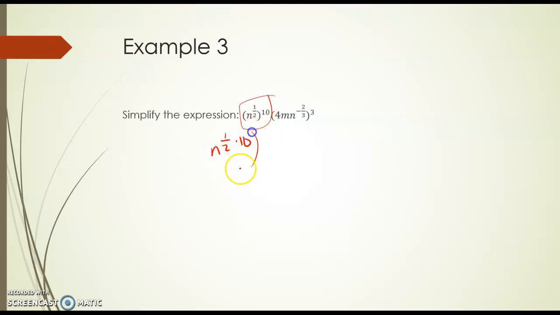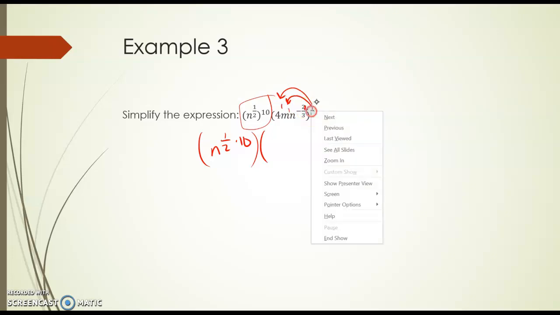That's that first part. Okay, and then that is going to be multiplied with this 4m n negative 2/3. Now, the 4 and the m have their own exponents of 1. So I'm going to take this 3 and I'm going to distribute it to every exponent.